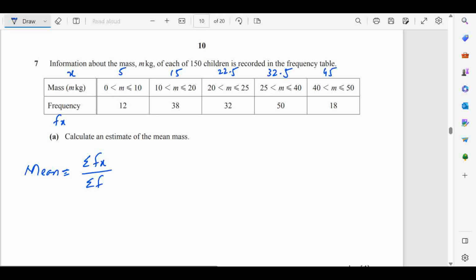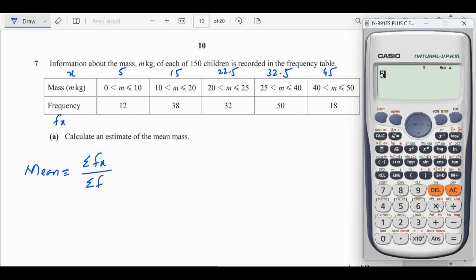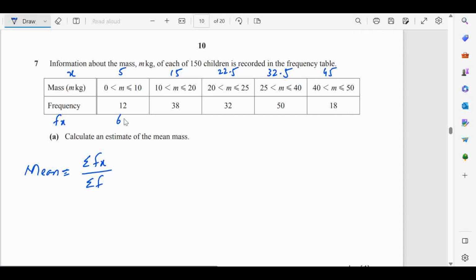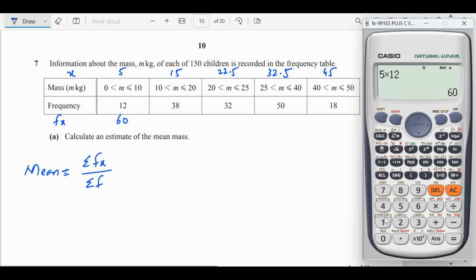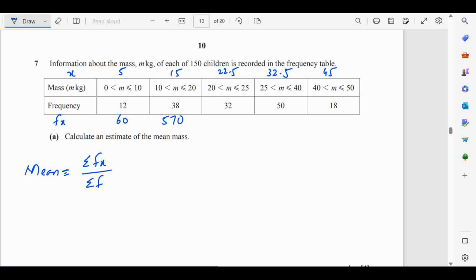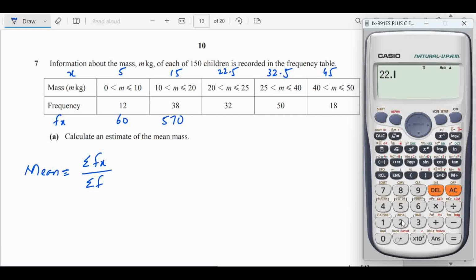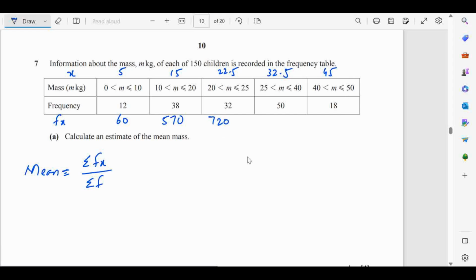For f into x, we can write 5 multiplied by 12, this will be 60. Then 15 multiplied by 38, so this will be 570. Then 22.5 multiplied by 32, so this will be 720.